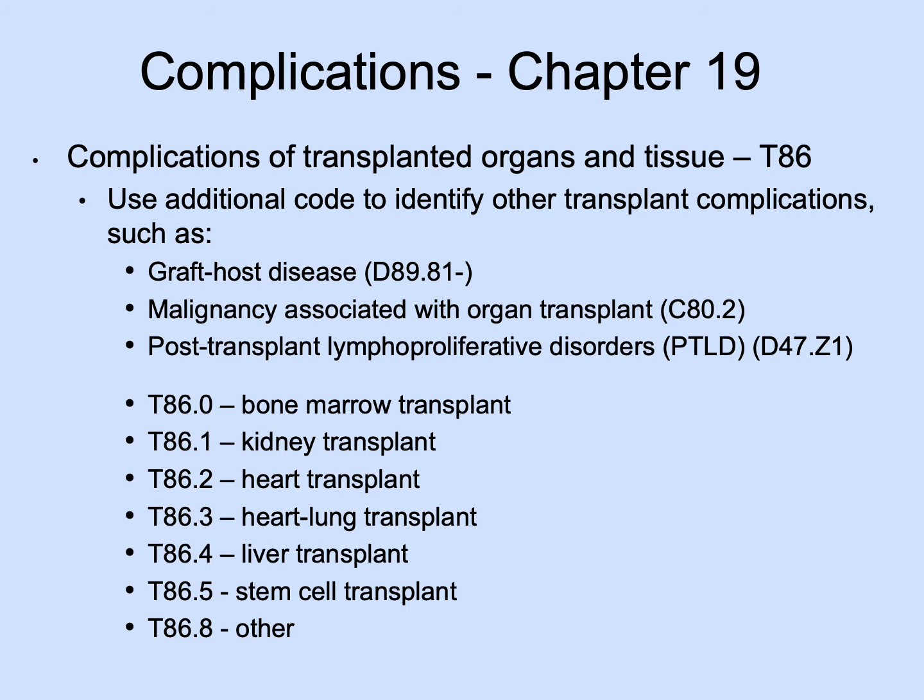So they transplant an organ, and then it turns out to be a malignancy. Boy, that's really bad luck. Or post-transplant lymphoproliferative disorders. So this is specific transplants, bone marrow transplant, kidney transplant, heart lung transplant, liver transplant, stem cell transplant, and other.